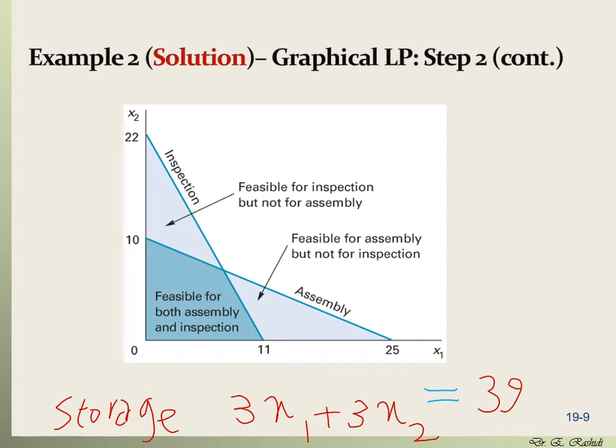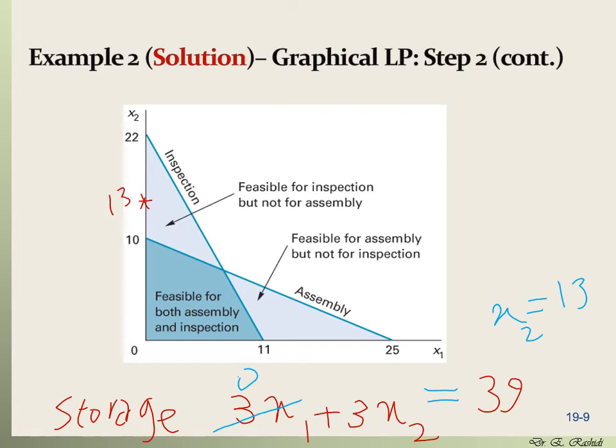We can find the 2 points that intersect with the two axes x1 and x2. So I'm going to first set x1 equal to 0. That means that 3x2 equal to 39, or x2 is equal to 13. So x1 equal to 0 and x2 equal to 13. Somewhere here.